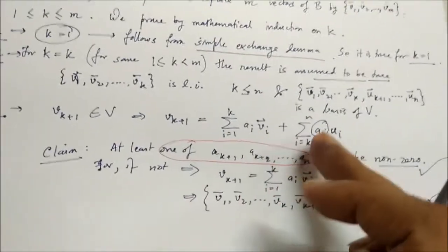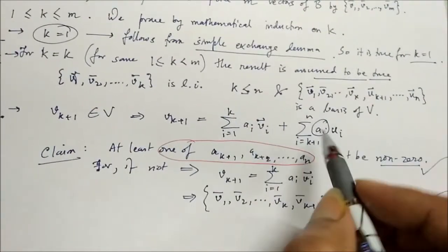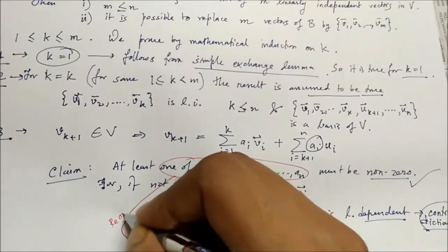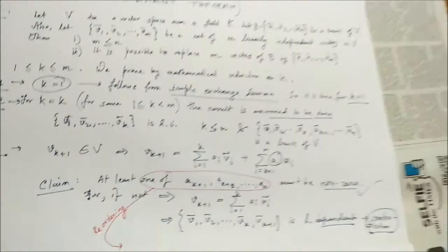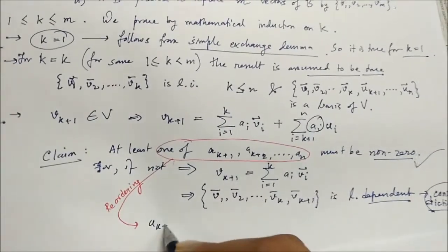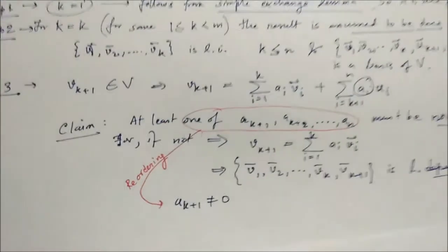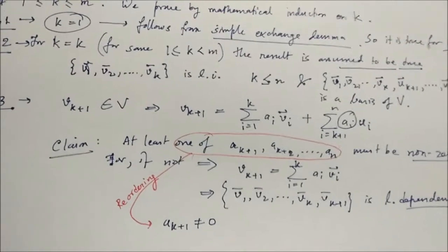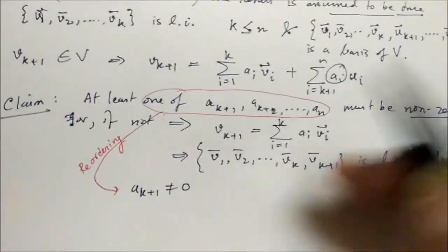Now once again we apply that renumbering thing, so that after reordering we get the very first one of these as non-zero. We can assume that a k plus 1 is non-zero. If a k plus 1 is non-zero, then we can apply that same thing that we did for u1 in this case of uk plus 1.